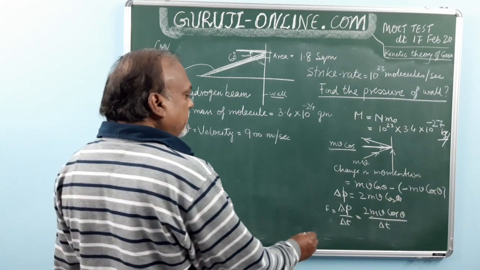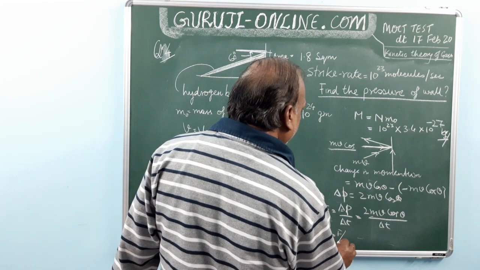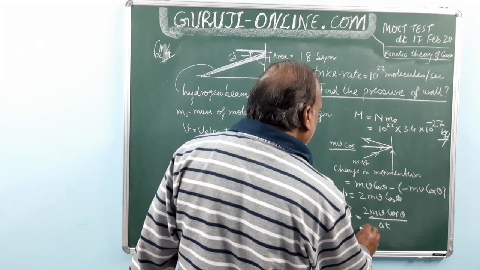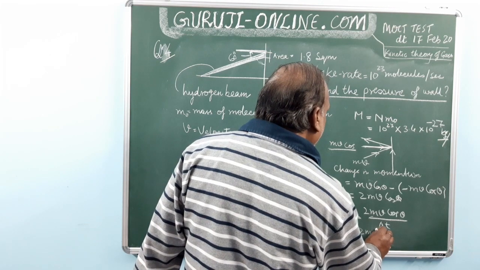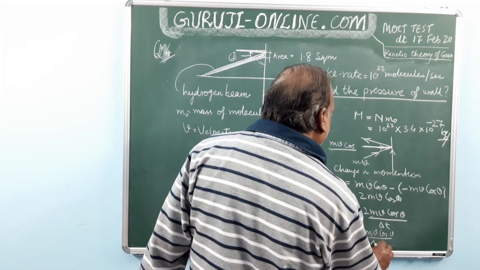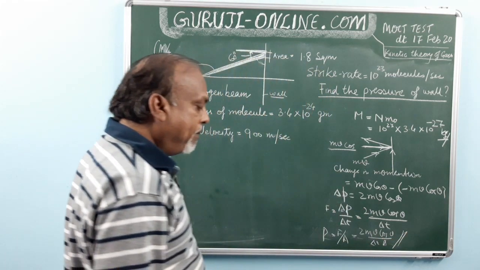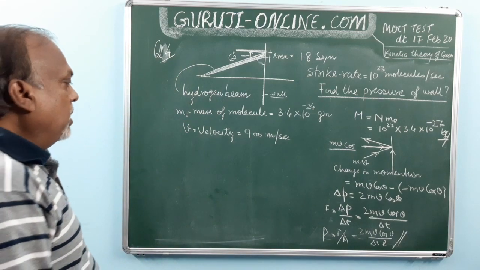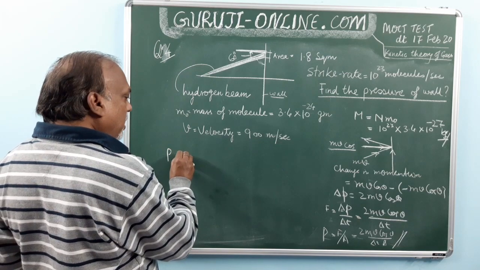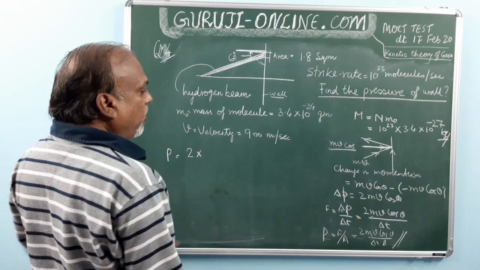What is pressure? It is nothing but F upon A. So this divided by A will give you the pressure. So in this case, what will be the pressure? Our pressure will be 2 into, what is M here?